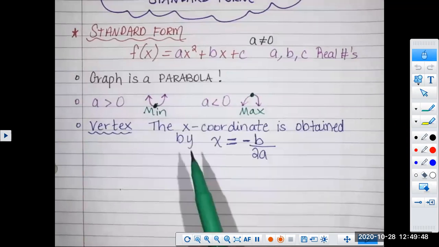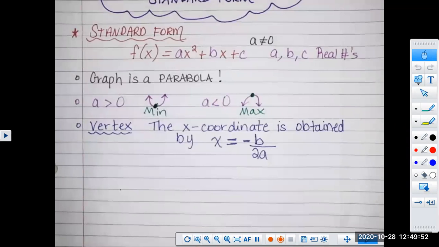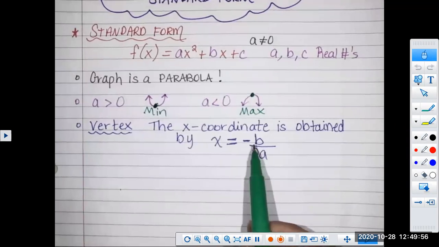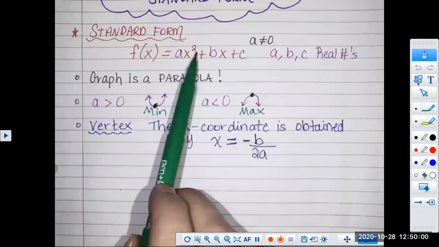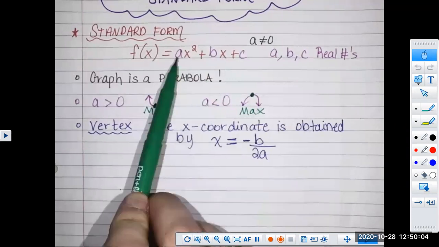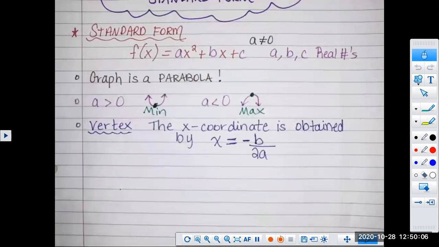So this is a small formula you use just to get the x coordinate. Negative b over 2a. So opposite of the number that's with x over 2 times the number in front of x squared.